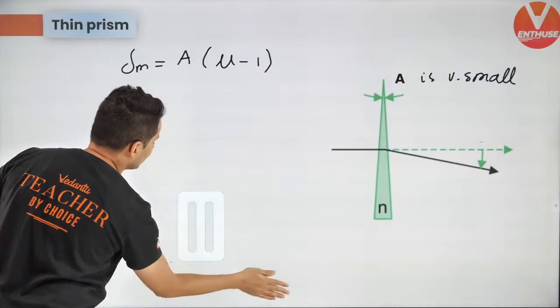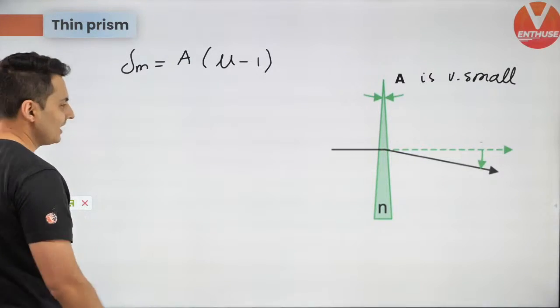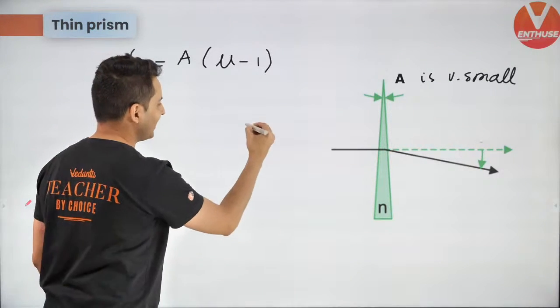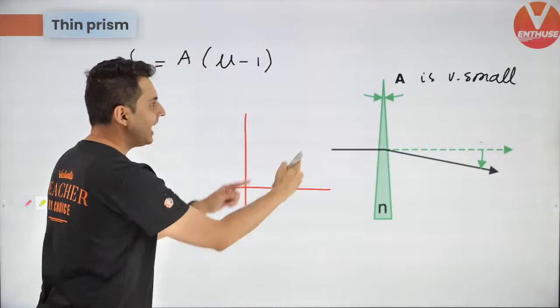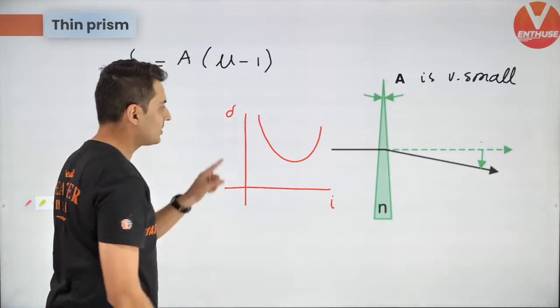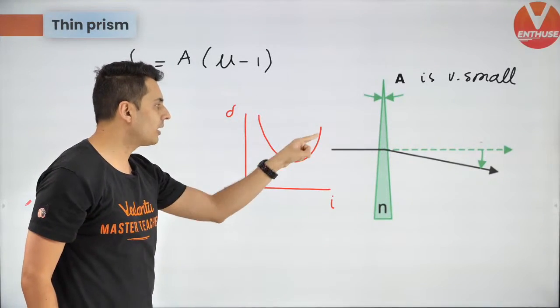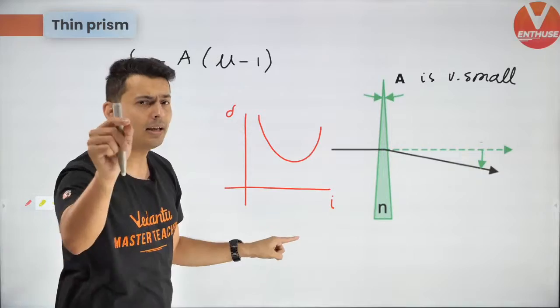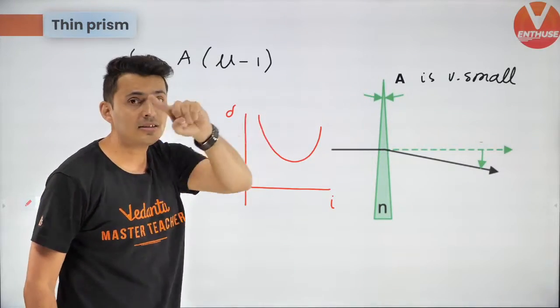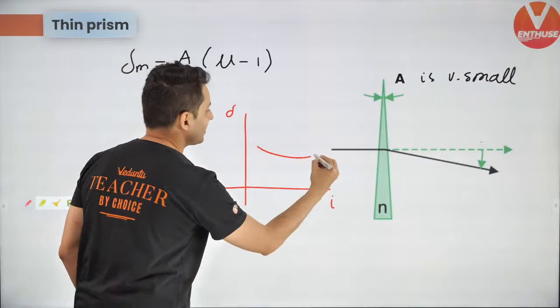Now I'll tell you something which most channels or teachers would tell you. When the angle is large, the graph of delta versus i, the angle of deviation versus incidence, comes out to be like this. But when the angle is very small, the graph comes out like this.